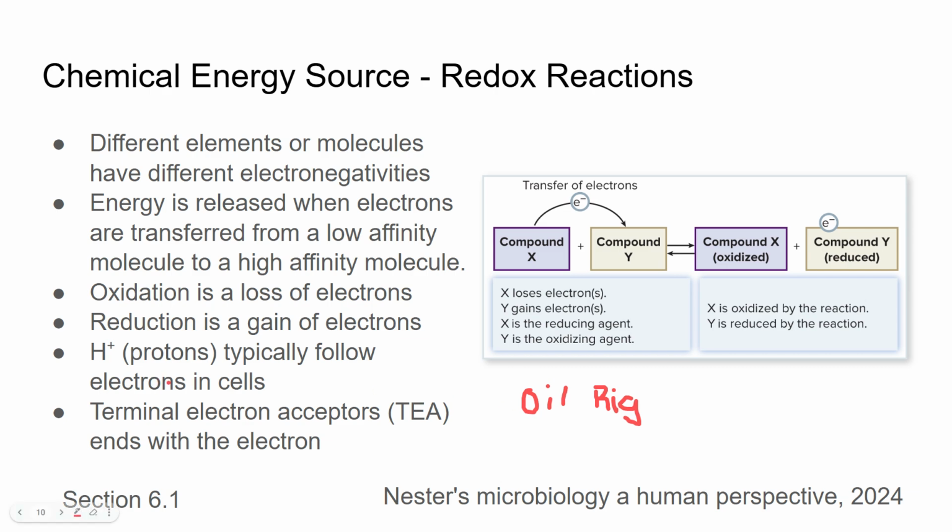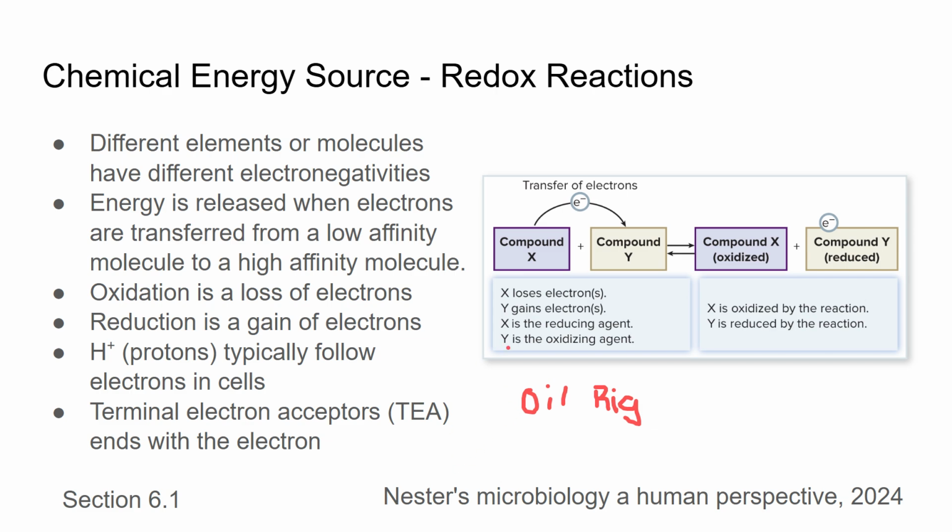So hydrogen or protons are typically going to follow electrons in cells. So if you have an electron being moved from one compound to another, a hydrogen is going to typically follow it. It's just because electrons have that negative charge and hydrogen ions or protons have a positive charge, so they just really want to follow it.